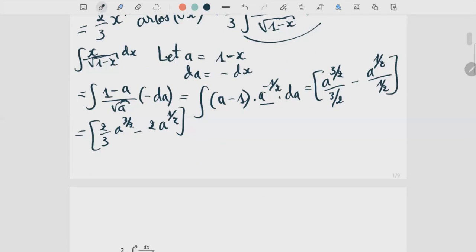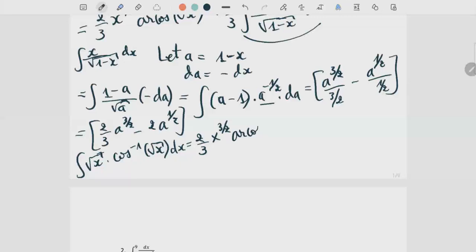right? So our integral is therefore the square root of x multiplied by cos inverse of the square root of x dx is therefore equal to 2 over 3 x to the 3 over 2 arc cos root x, right, plus 2 over 3 multiplied by 1 minus x to the 3 over 2 minus 2 into 1 minus x to the 1 over 2.